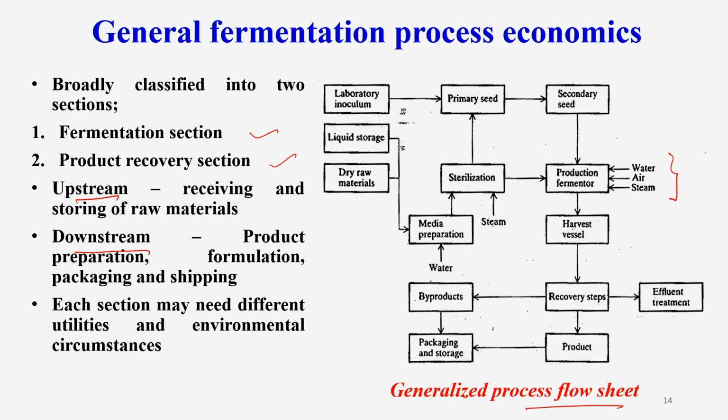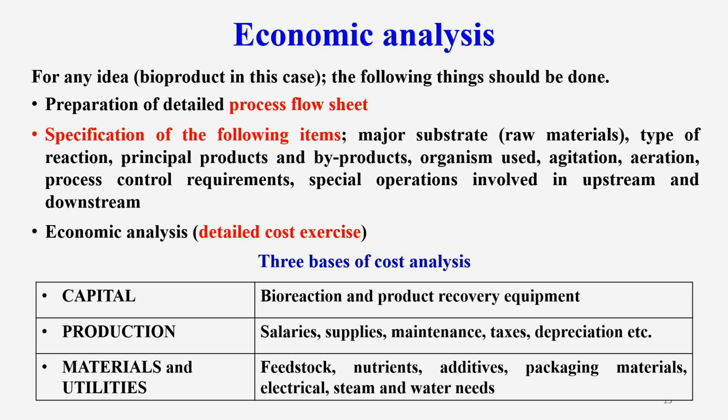In addition, you are going to add the media. So, you are adding media preparation, media sterilization, it is going to the bioreactor. So, upstream is up to here, then from here you are starting the downstream, and parallelly in the downstream you get your product, but there is also the effluent generation that needs to be suitably treated and discharged.